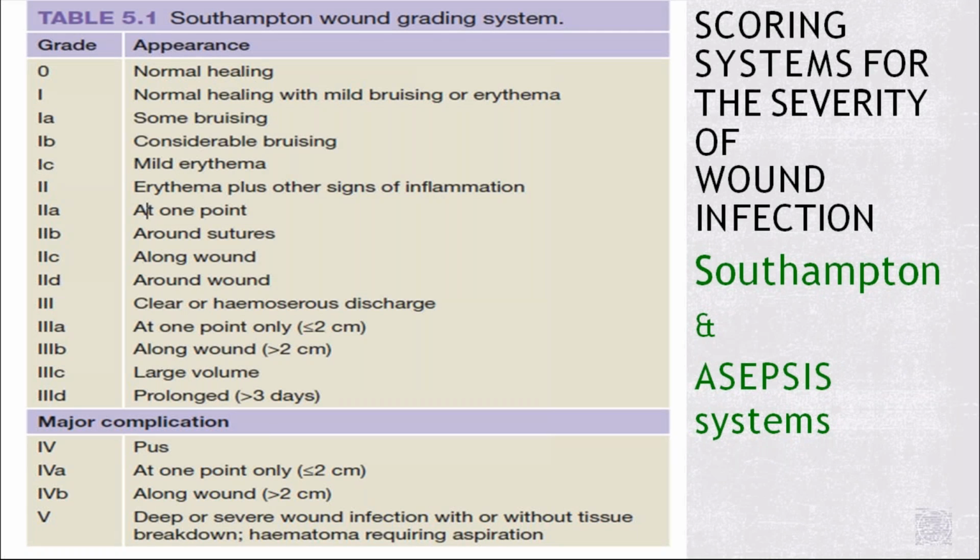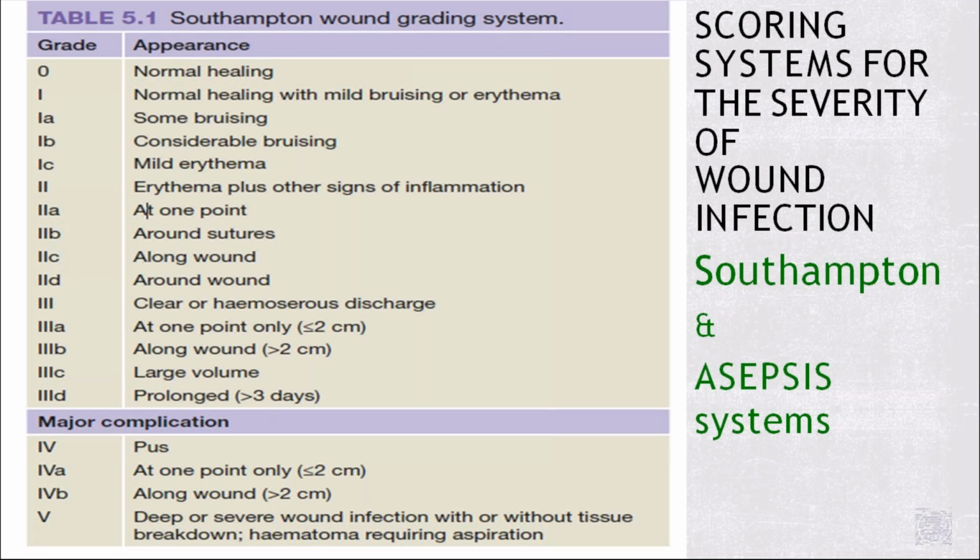So we give the 0 grade for normal healing, whereas 1 for normal healing with mild bruising or erythema. So 1A is some degree of bruising, whereas 1B is considerable bruising, so moderate bruising will be there, whereas 1C is only mild erythema.